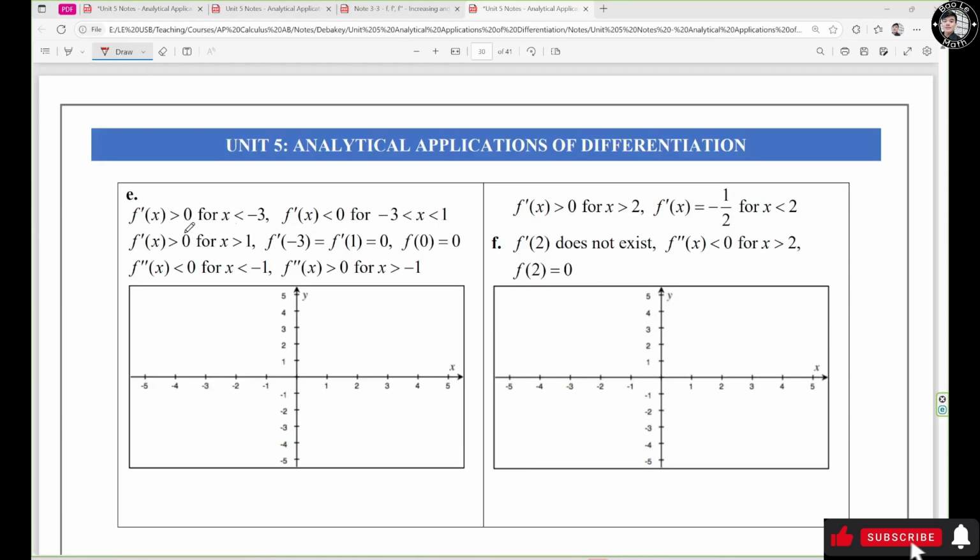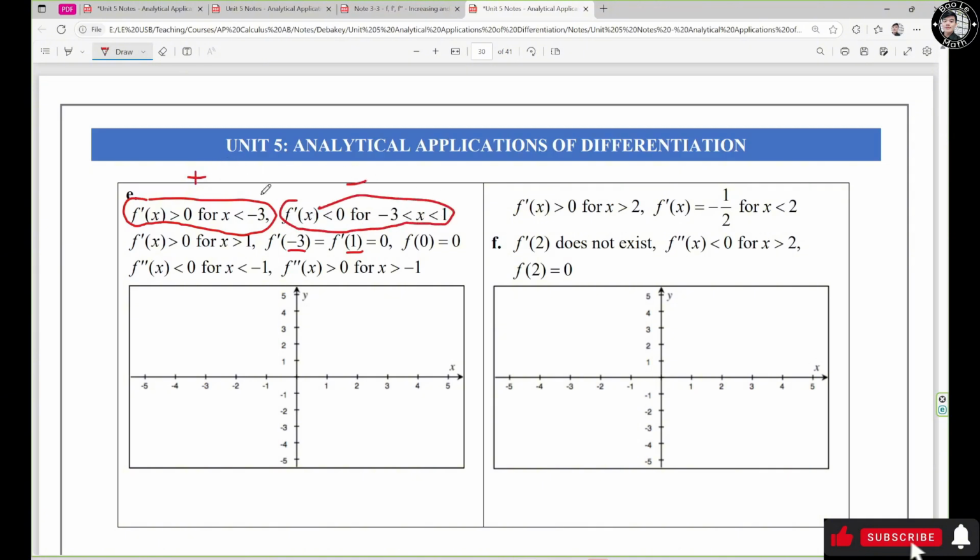Now let's move on to question E. First, we need to locate the relative extrema, right? So the zeros of the function f prime of s become the relative extrema, right? Now we have negative 3 and 1, right? So we need to look at this one here, f prime of s greater than 0 when s less than negative 3, right? So it could be positive right here and less than 0 from negative 3 to 1.